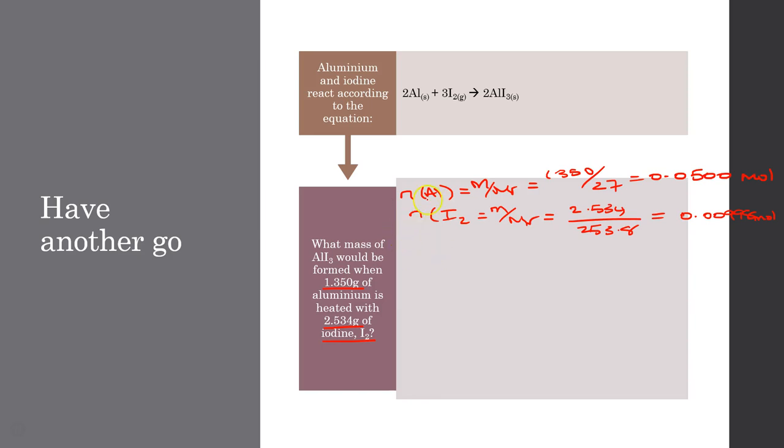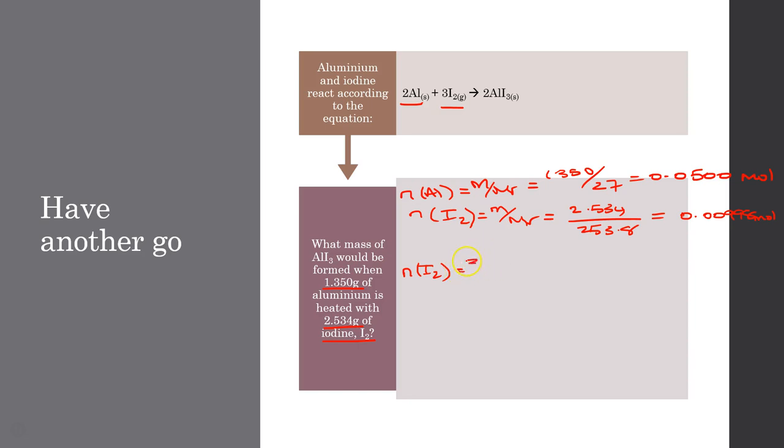Okay, so I've worked out my number of mole of aluminium and my number of mole of iodine based on the information that was provided in the question. So now I'm going to look at my equation. I can see that 2 mole of aluminium will react with 3 mole of iodine. So I'm going to work out the number of mole of iodine that will be used for the number of mole of aluminium that I have.